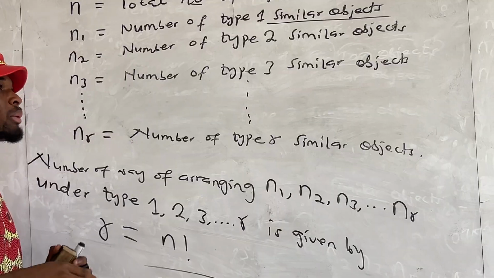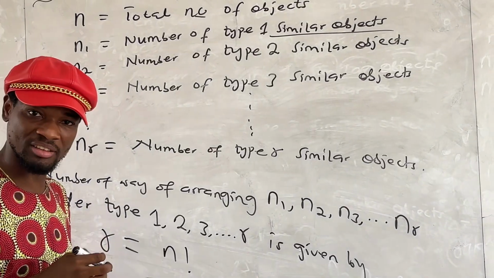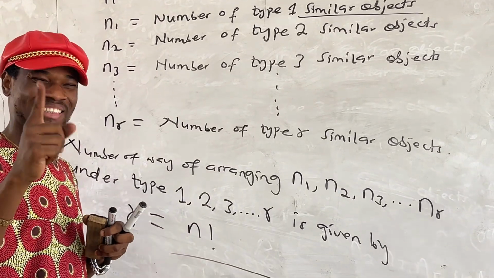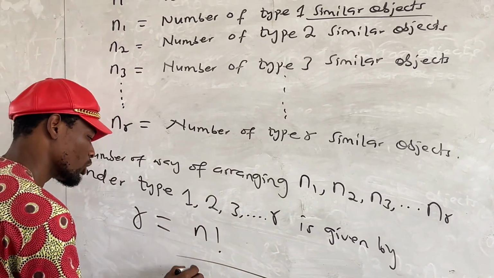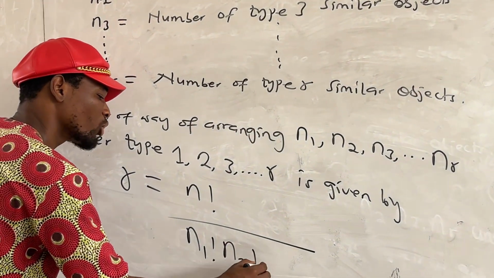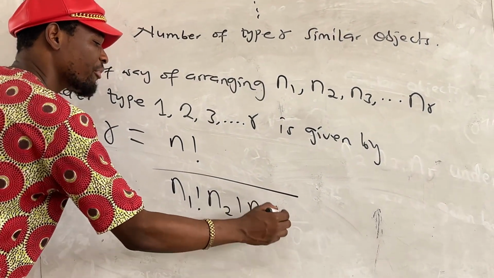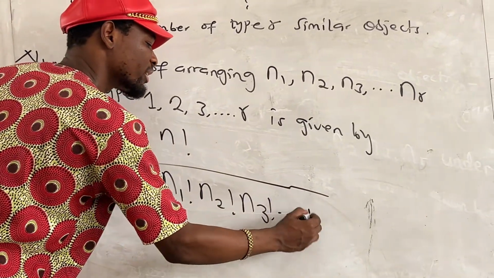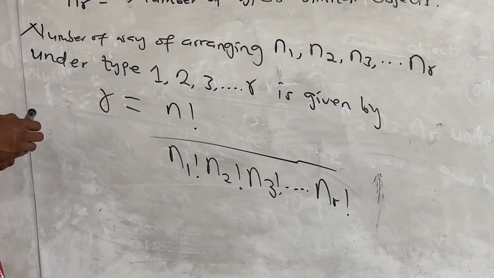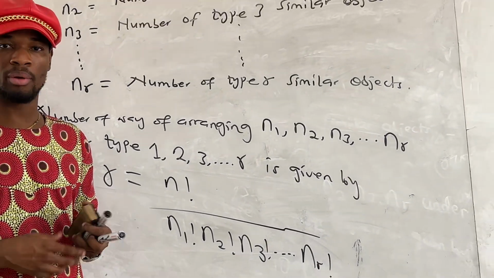And here we are not dealing with human beings, because you don't have human beings that look exactly the same. So it is over n1 factorial times n2 factorial times n3 factorial, up to nr factorial. This is just a simple recap.